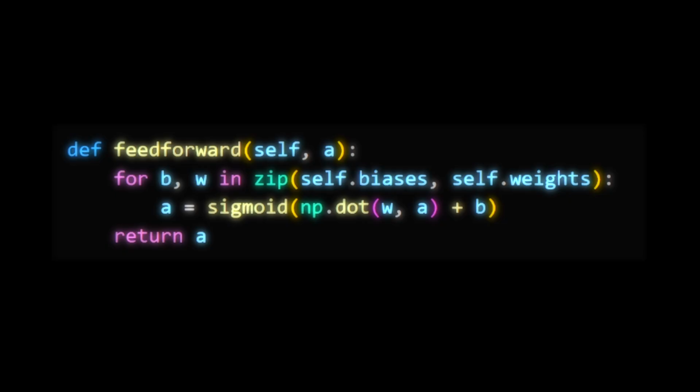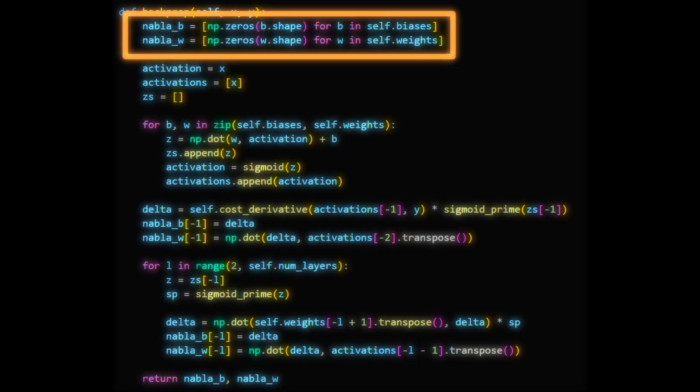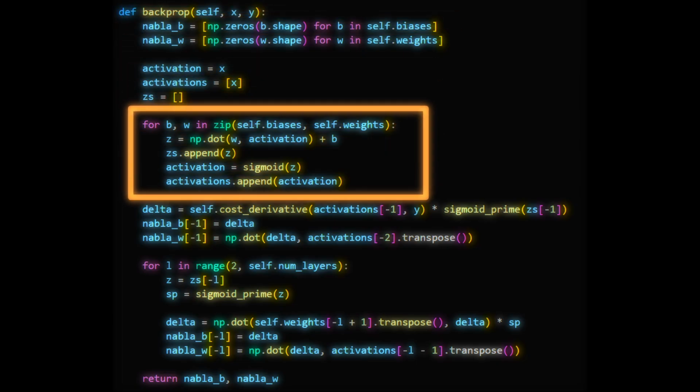Now, the heart of our network is the backprop method. X represents the input to the network, in this case just the image of a digit. Y represents the actual numerical digit. Nabla B and Nabla W represent the changes we wish to make to every weight and bias of the network. The first thing we do is run a feed forward and store all the Z's and activations of the network.